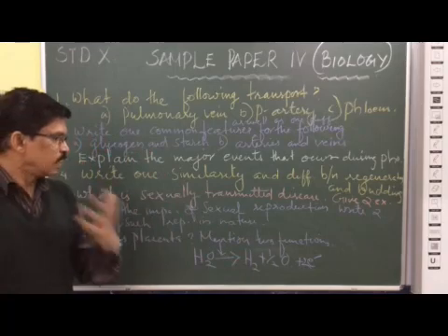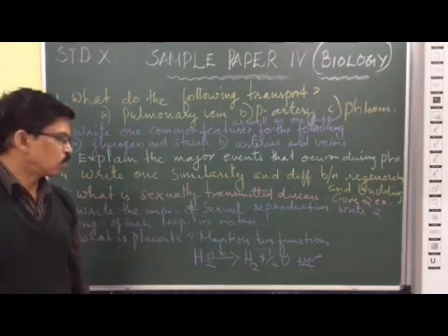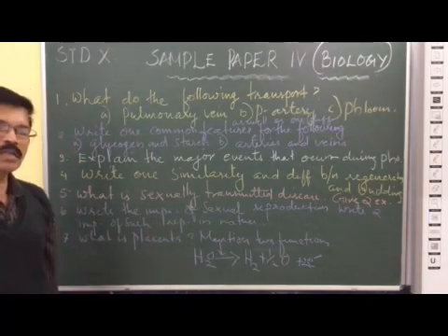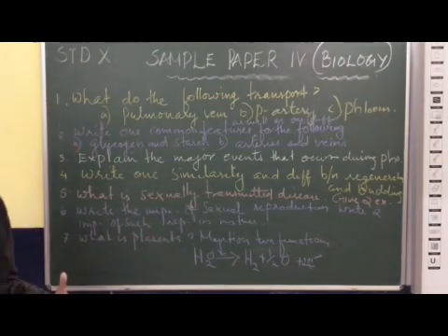Oxygen is the byproduct that will come out. Now the third step: carbon dioxide is reduced to carbohydrate. For the reduction, hydrogen is used.